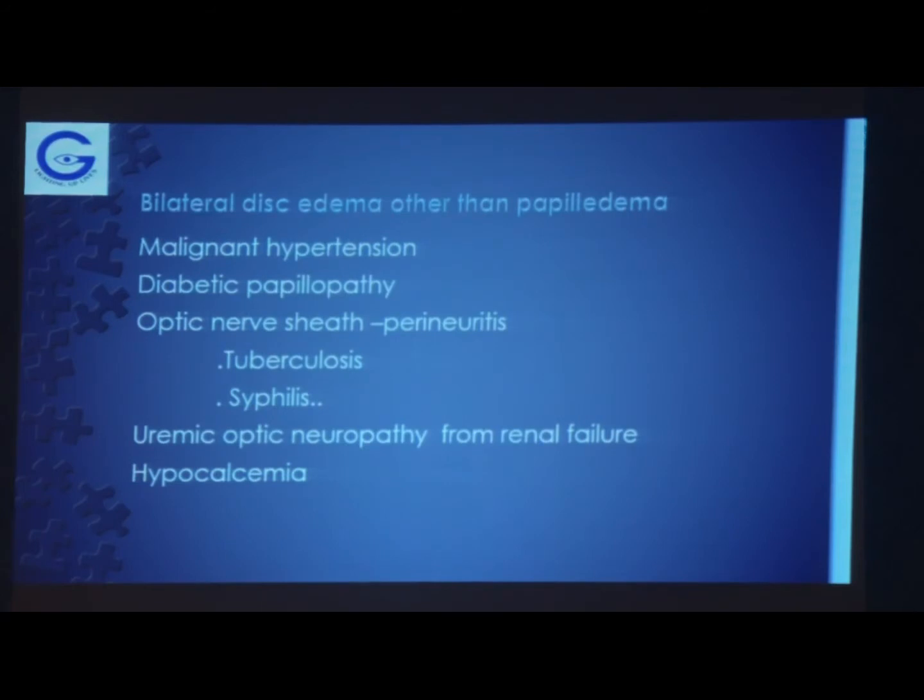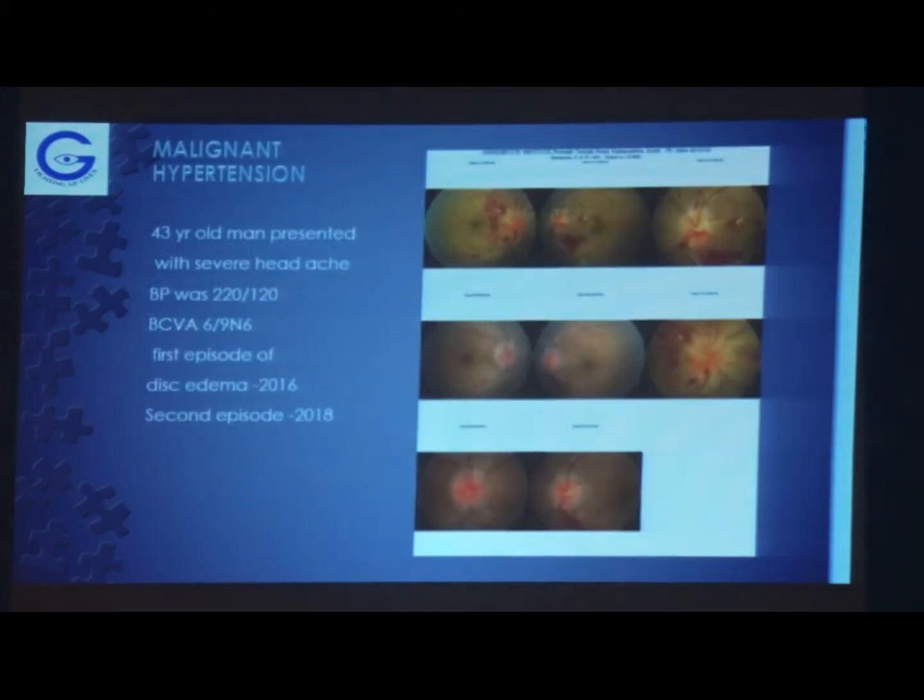Now, coming to the causes of bilateral disc edema other than papilledema, the important causes are malignant hypertension, diabetic papillopathy, optic nerve sheath perineuritis, usually because of tuberculosis, syphilis, etc., and renal failure and hypocalcemia. This is a 43-year-old man presented to us with severe headache.